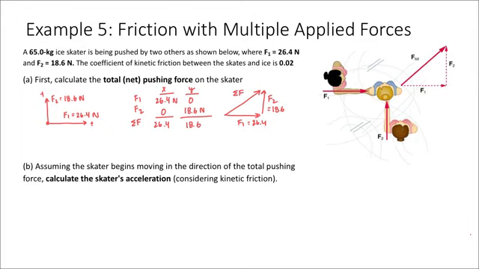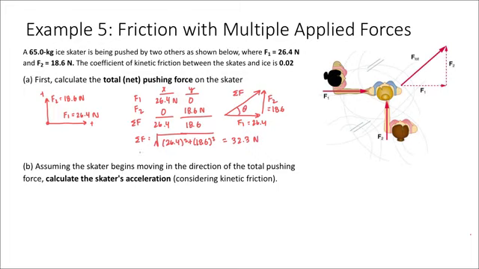If we use the Pythagorean theorem, the net force would be equal to the square root of 26.4 squared plus 18.6 squared, which is equal to 32.3 newtons.